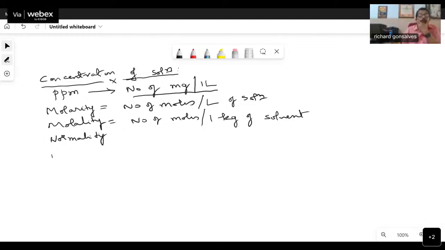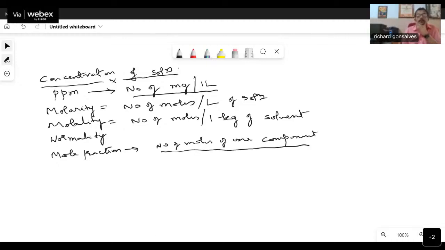Then there is mole fraction. This also I will explain with example. What is mole fraction? Number of moles of one component to total number of moles of all components.